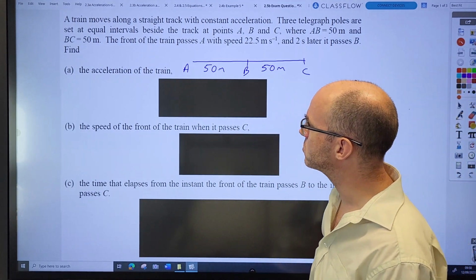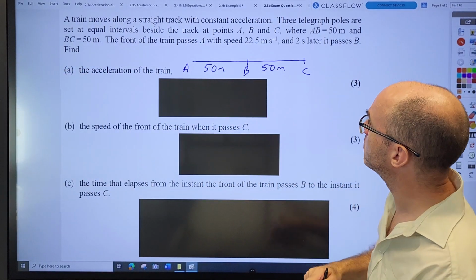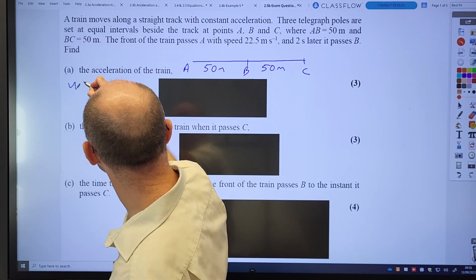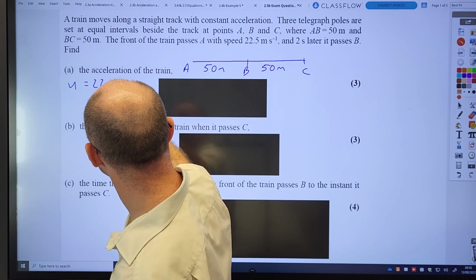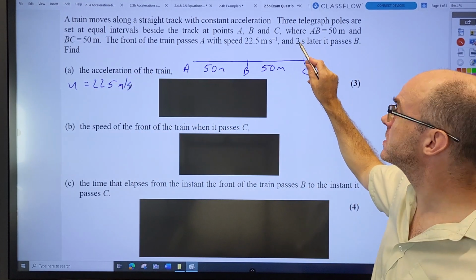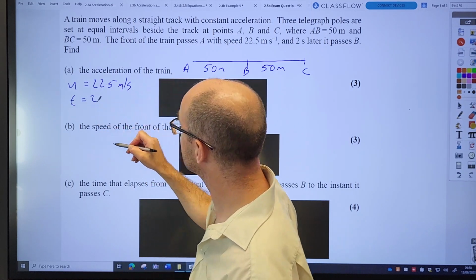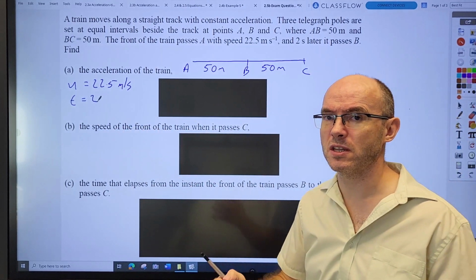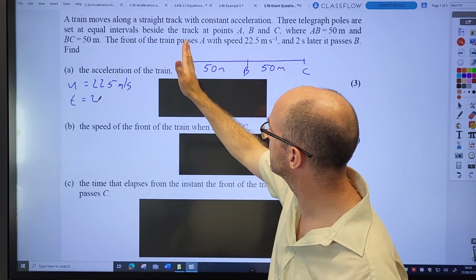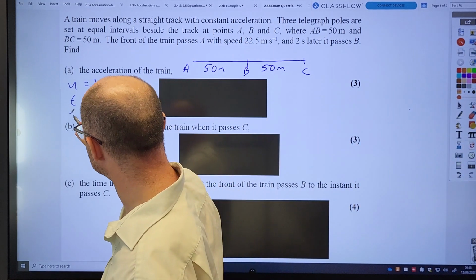So writing down the information we're given, I think the U we're going to use is 22.5 metres per second. Now we're told something about the time. 2 seconds later it passes B. So what that means is we're going to have to consider the motion from A to B. So if we're using 2 seconds, that means from A to B, so the displacement we use is going to be 50.